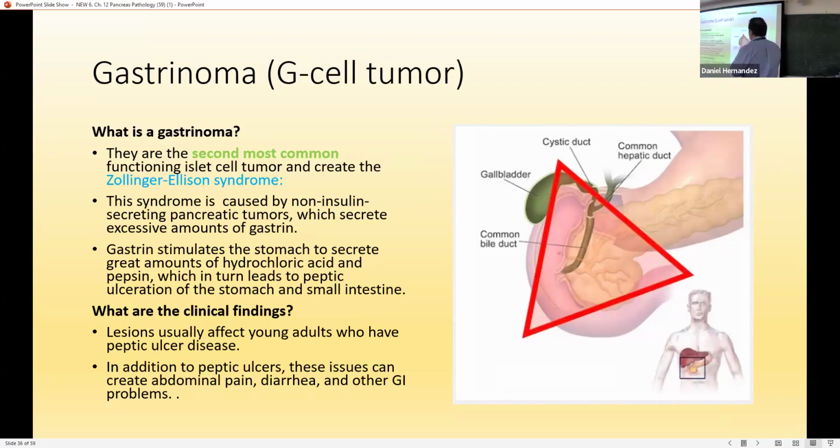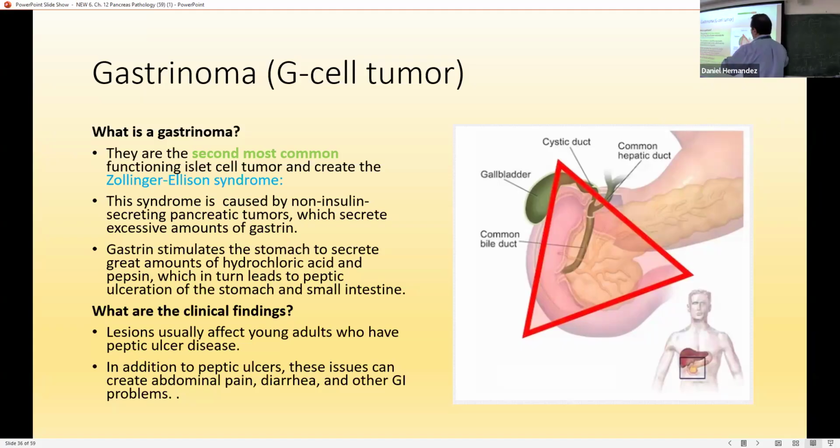Gastroma is the second most common functional islet cell tumor that creates Zollinger-Ellison syndrome. This syndrome is caused by non-insulin secreting pancreatic tumors that secrete an excess amount of gastrin. We said the gastrin was the one that controlled insulin and glucagon.